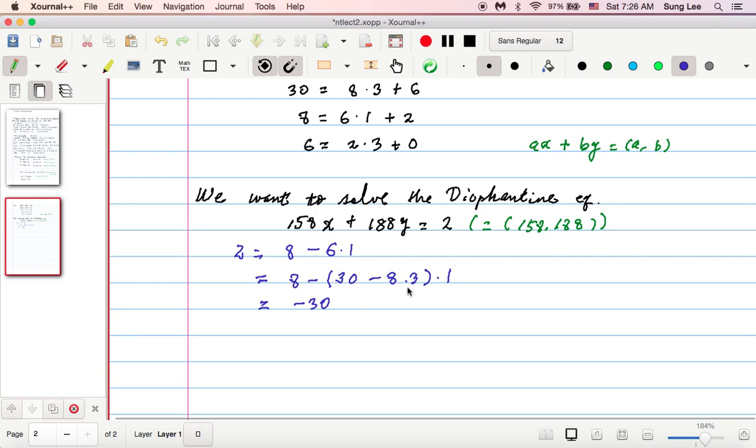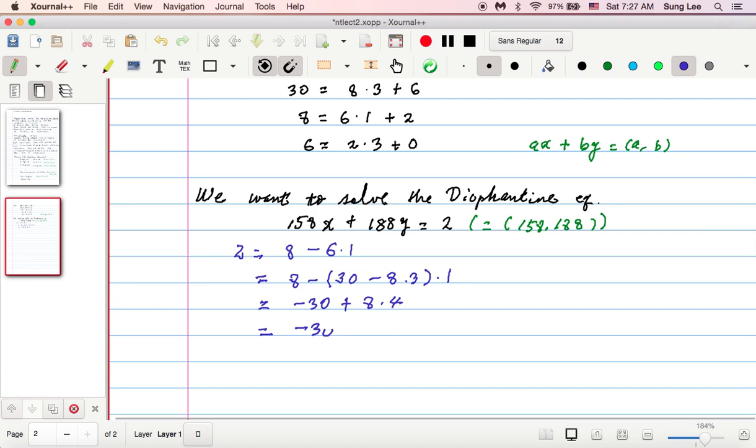So we have 8 plus 3 times 8, so that's going to be 8 times 4.